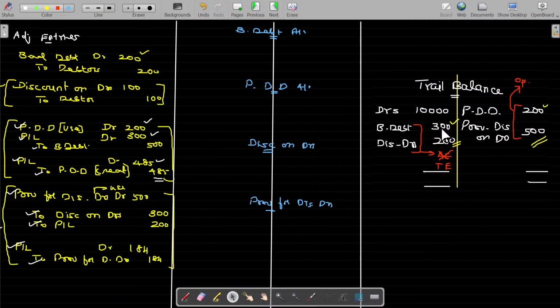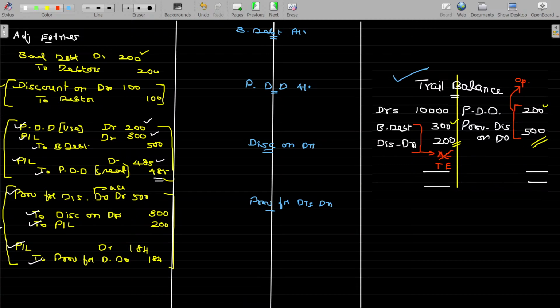I have taken the trial balance and adjustment entries. Trial balance is here, adjustment entries passed. From the trial balance data, I am going to incorporate all these adjustment entries to find out the closing data. It is better to open the debtors account also. So I will open the debtors account here.